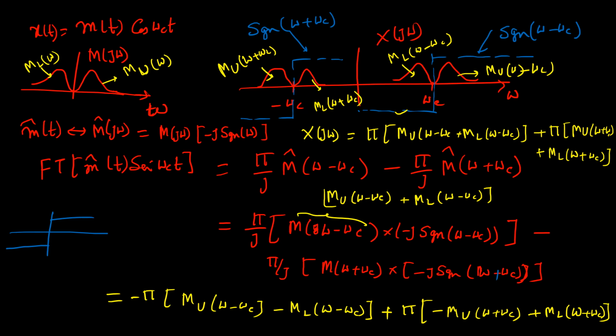The subtraction of these two gives only 2 times M_u of omega minus omega c, and M_u of omega plus omega c. Fine. So only the upper side band you will get, and the lower side band you will get if you add these two. If you just add these two, M_u will cancel out, and only M_l will remain, and you will get the lower side band. Right? So this is the idea.